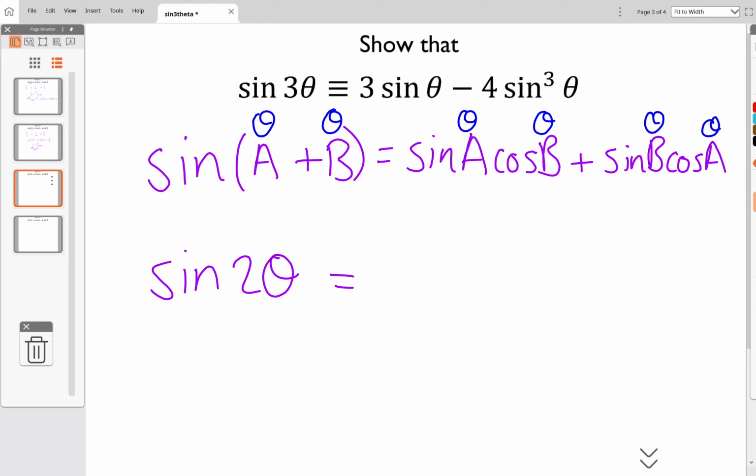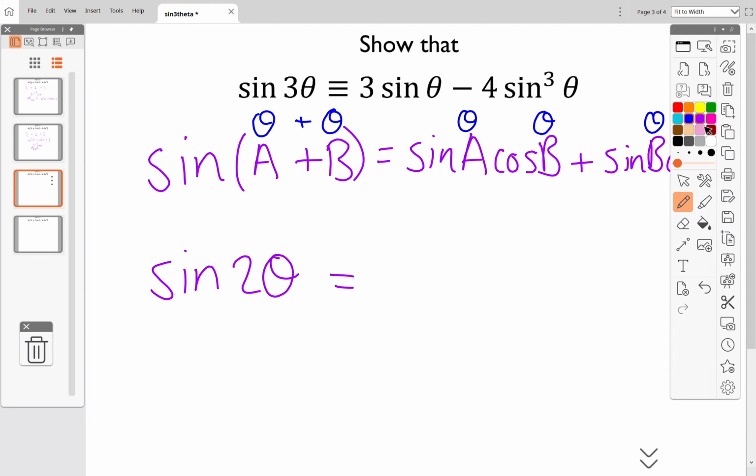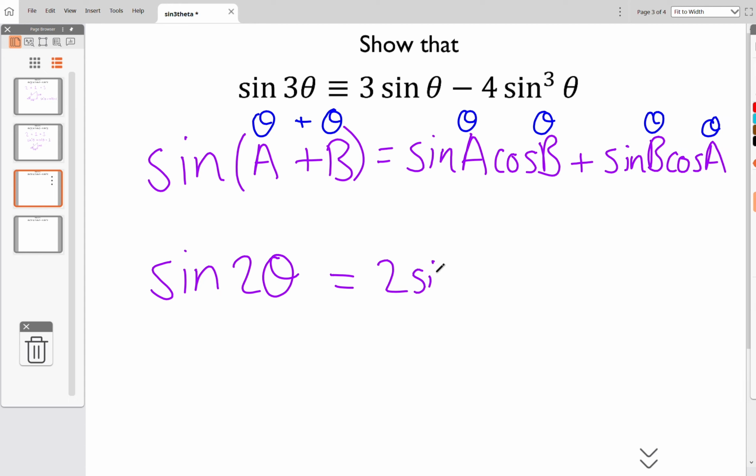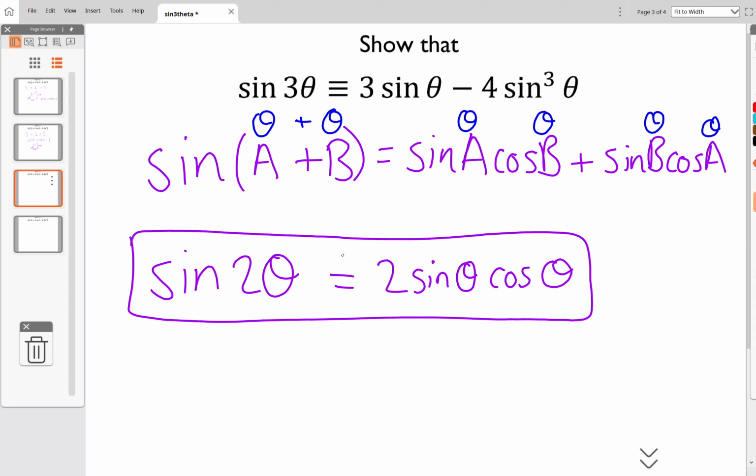So theta plus theta is 2 theta. So what we've got above, we'd have sine theta cos theta plus sine theta cos theta, which would give us 2 sine theta cos theta. Now for this one, there's only one real option that generally we use, so that's quite nice.